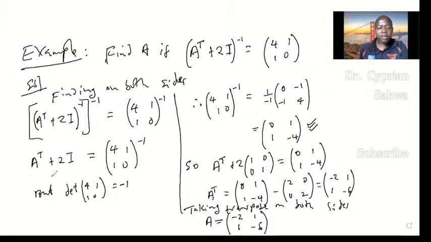Then we come back to the question from this point. A transpose plus 2I, but I is the identity element for a 2 by 2 matrix. Then we make A transpose the subject of the formula, and from there we take the transpose on both sides to have our A. That's how you do this question. And let's look at another example.